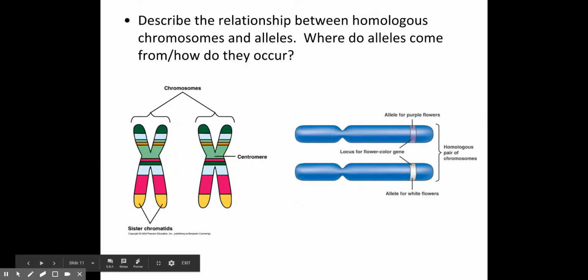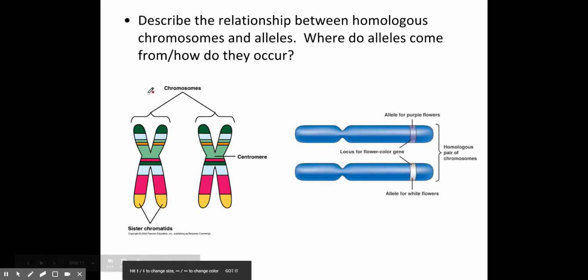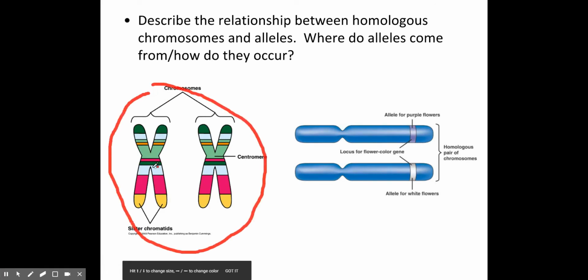Okay, so finally I'd like us to review the relationship between a homologous chromosome and an allele. Where do alleles come from? How do they occur? So remember that when we talk about a homologous chromosome, you've got a pair of chromosomes that are not connected. One comes from the male parent and one is going to come from the female parent, and you would find this complete pair in a diploid cell.